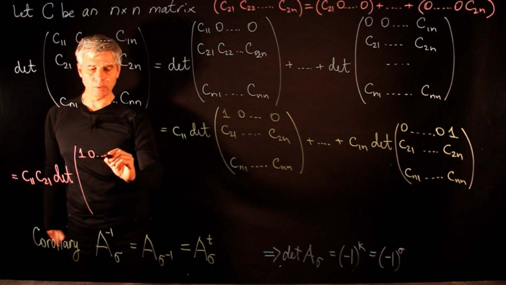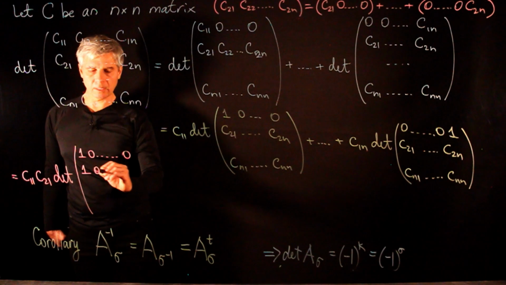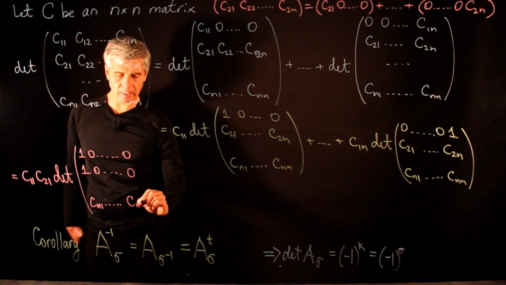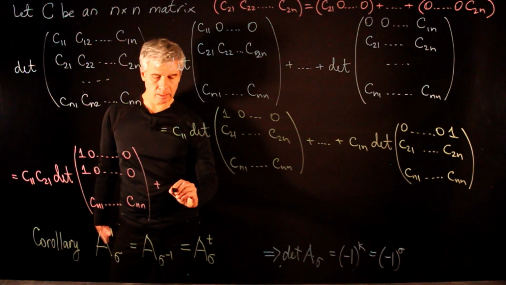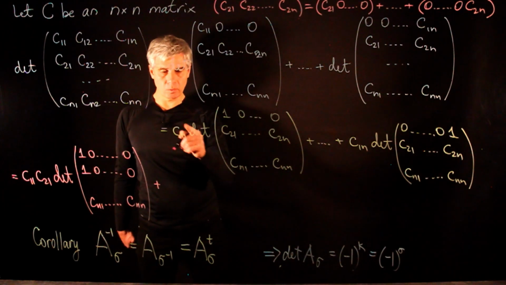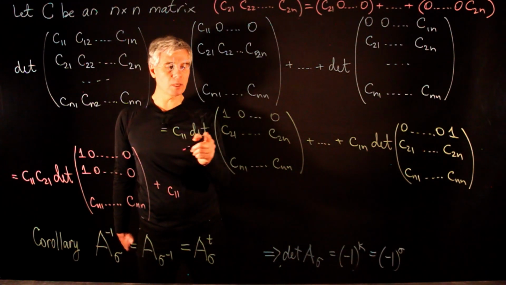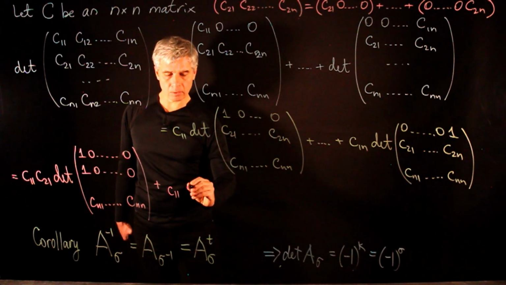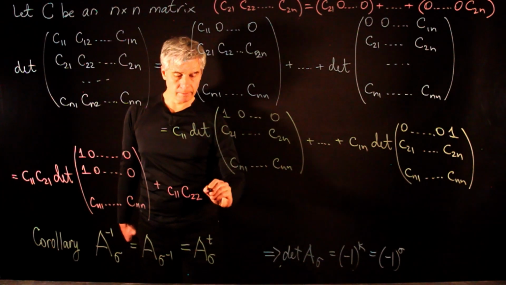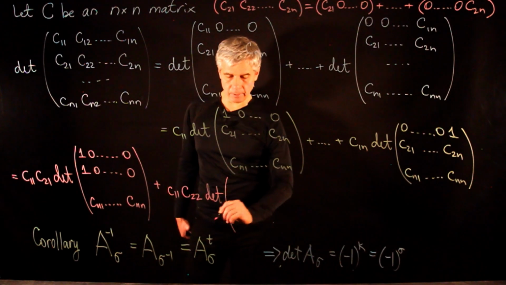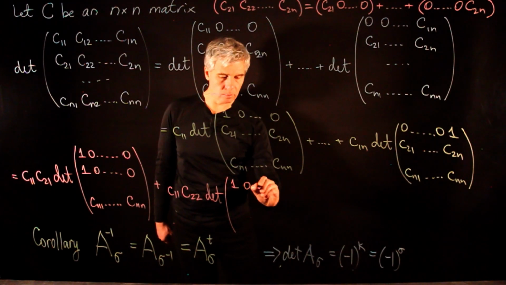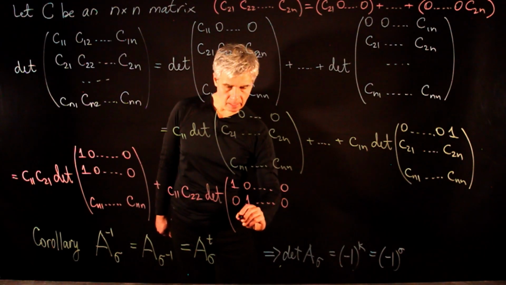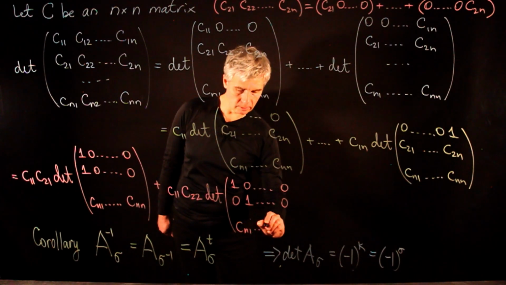So we have 1, 0, 0, then 1, 0, 0, and then Cn1, Cnn. Plus, the next term: we continue the expansion of the first determinant along the second row. When we take the second entry, we get C22 times the determinant of the matrix 1, 0, 0, then 0, 1, all zeros, and everything else is unchanged.